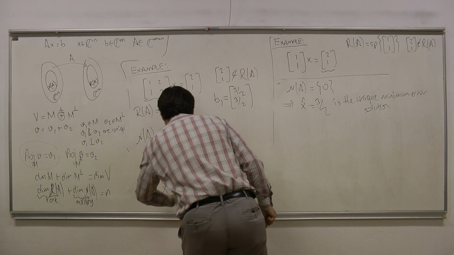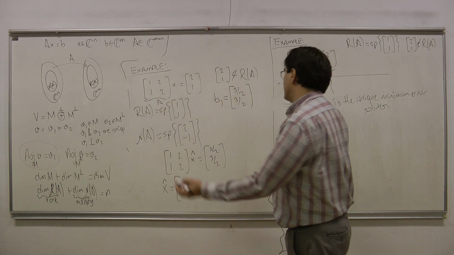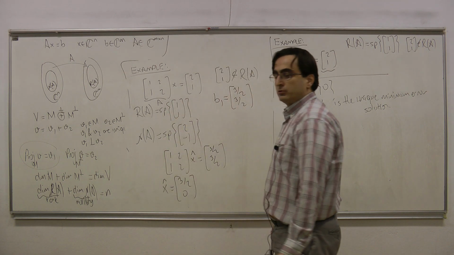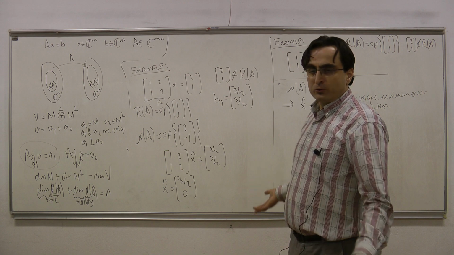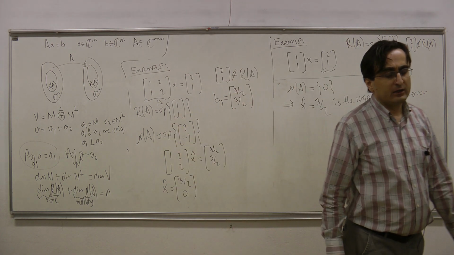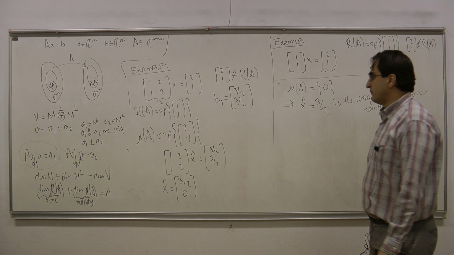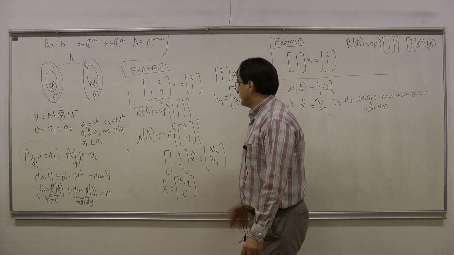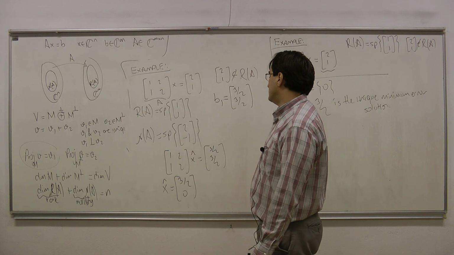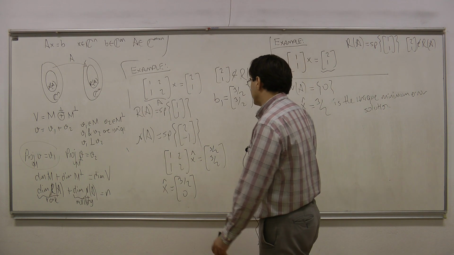What can be a solution? X set is equal to, for example, (3/2, 0) is a solution. Are there more solutions? The answer is yes, because the null space of A is not composed of only the 0 vector. There are non-zero vectors in the null space of A. That means that I would have infinitely many solutions in this case.